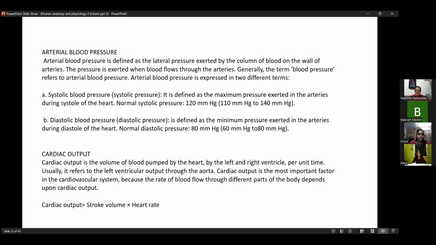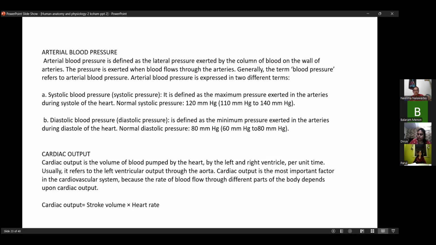So as I had mentioned, when we go to the doctor and the doctor checks our blood pressure, what he measures is systolic blood pressure and diastolic blood pressure. Systolic blood pressure is defined as the maximum pressure exerted in the arteries during systole, that is contraction of the heart.